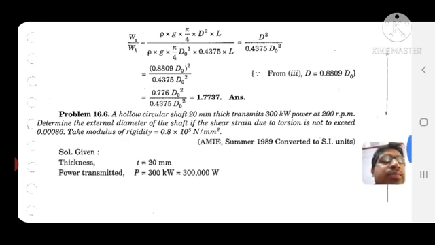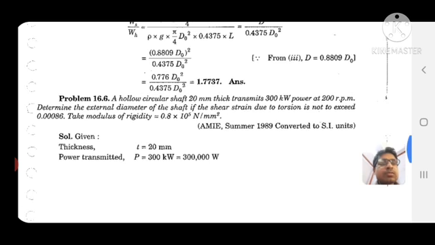Therefore 0.8809 d0 square, d0 whole square divided by 0.4375 d0 square, so that is equal to 0.776 d0 square by 0.4375 d0 square, so that is equal to 1.7737.